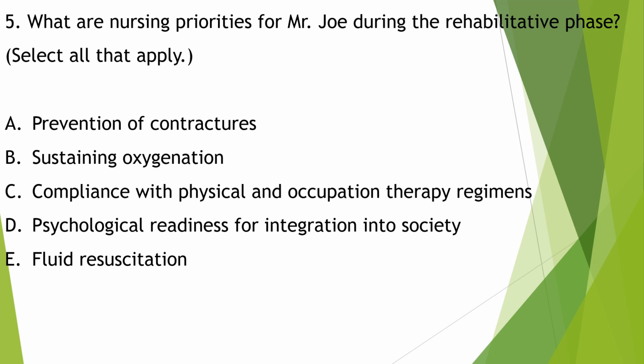Issues related to oxygenation and fluid resuscitation are priorities in the emergent phase of burn injury. So here during the rehabilitative phase, prevention of contractures, compliance with physical and occupational therapy regimes, and psychological readiness for integration into society are required.